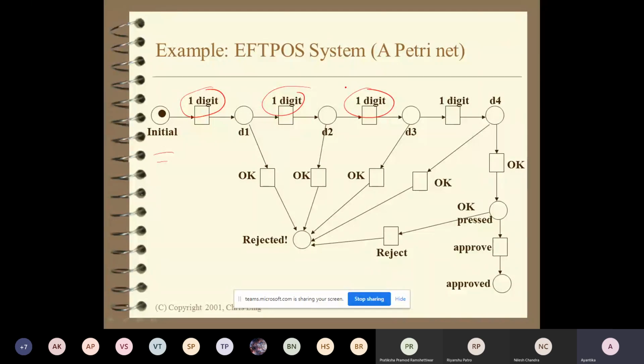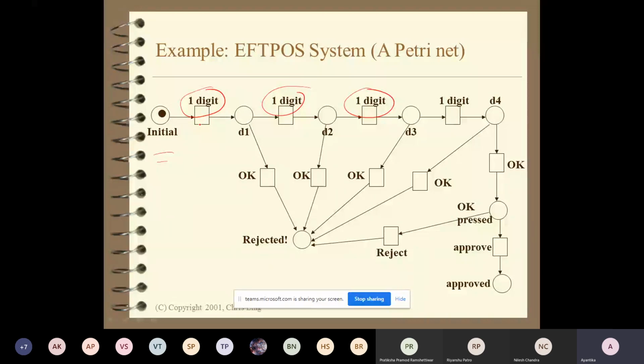We enter one digit, and those create events. So the basic idea is that the token goes through state transitions based on the events entered in our system. Initially the token is at the initial place.